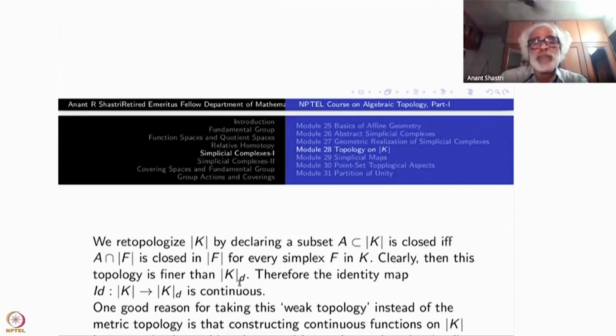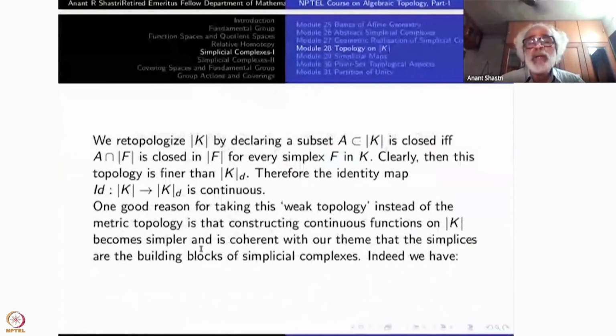So one good reason for taking this weak topology, I have put it in a bracket because this is not weaker than mod KD, but it's actually finer, instead of the metric topology, is that constructing continuous functions on K becomes simpler and is coherent with our theme that the simplices are the building blocks of a simplicial complex. So this is the motivation.